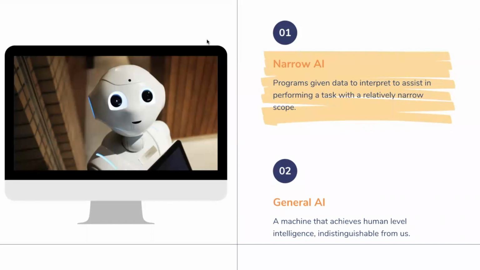This means that we're just going to develop AI to help with a specific problem and give it very specific data for the machine to learn on. Now, on the other hand, we have something called general AI. This is when a machine achieves human level intelligence that is indistinguishable from us. So it can perform a variety of different tasks rather than something that's pretty narrow in scope.